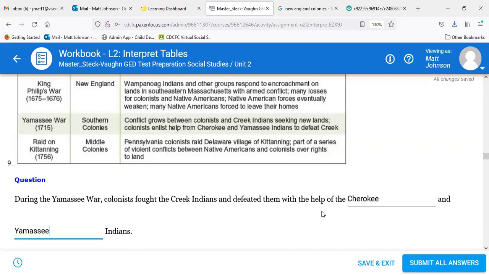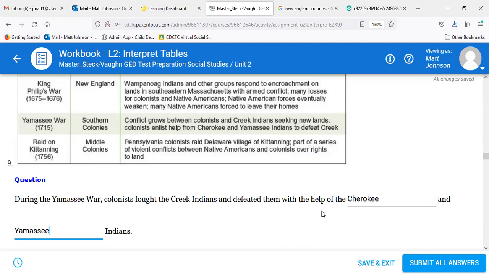I grew up thinking that I had Cherokee blood. My mother always told me that my great grandmother was Cherokee. And then I did a DNA test, and there is zero Native American blood in me whatsoever.